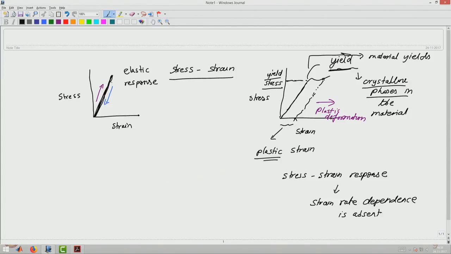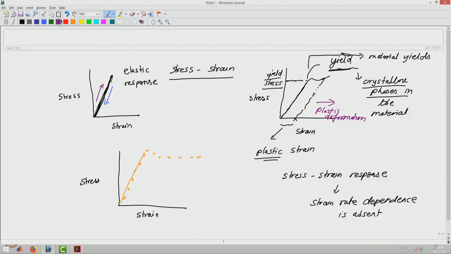So, what that means is if I do the same test at different strain rates, let us say I do stress versus strain at two different strain rates, I will see that initially the data points will all be elastic. So, they are all in a straight line, and then we have the yield point, and then at a constant stress the strain will continue to increase. We are talking of only strain being plotted here.